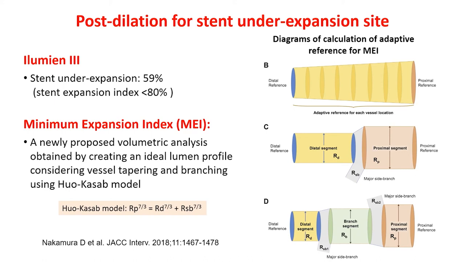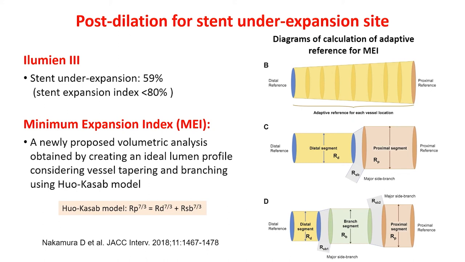However, ILUMIEN III revealed the rate of stent underexpansion, in which stent expansion index less than 80% was 59%. One of the reasons for the higher prevalence of stent underexpansion was the definition of the vessel reference, which was the average of proximal and distal references.